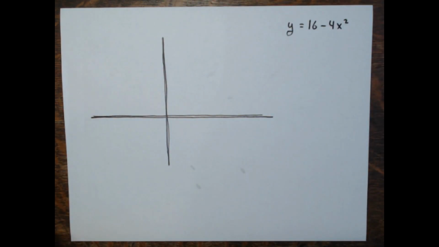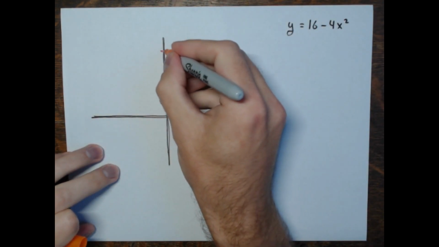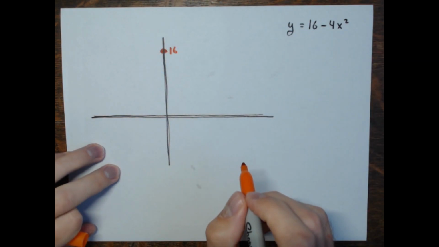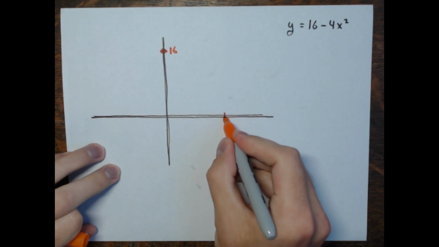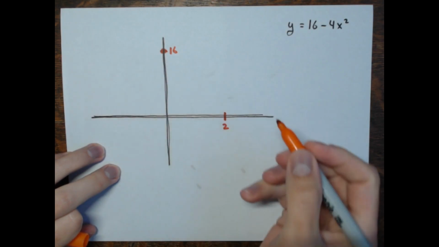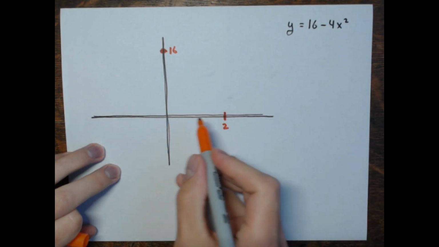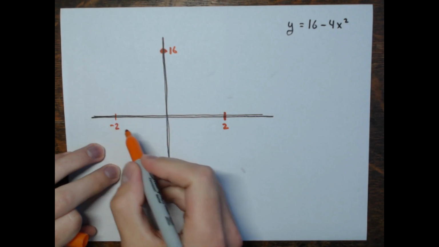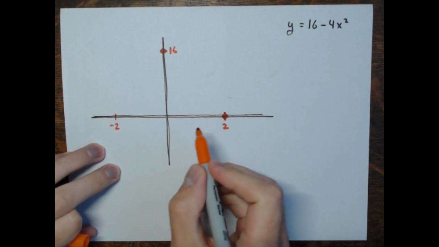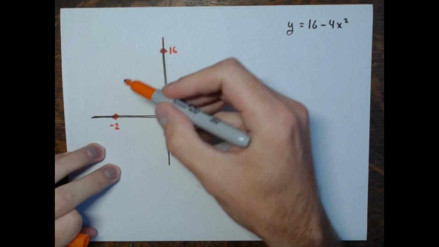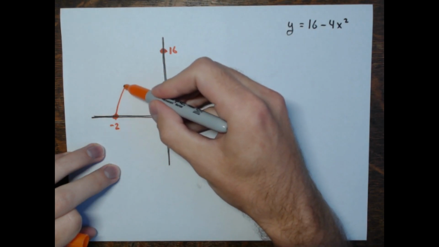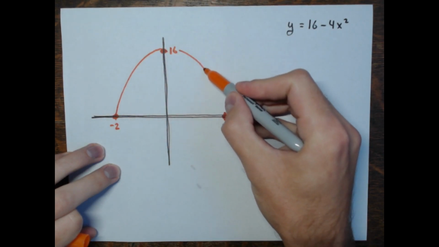So the graph of that curve, you'd have (0, 16) as the y-intercept, and it would have x-intercepts of, and this isn't perfectly to scale, (2, 0) and (-2, 0). That's where it would hit the x-axis. And it's a parabola opening downward with the vertex at (0, 16).